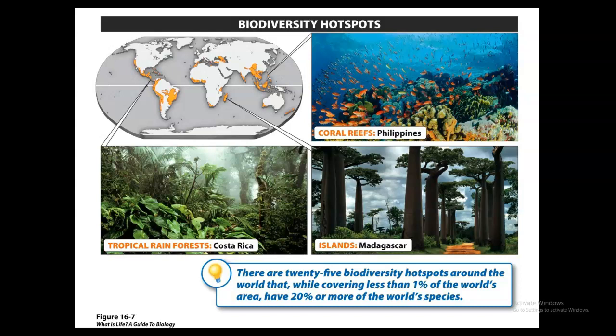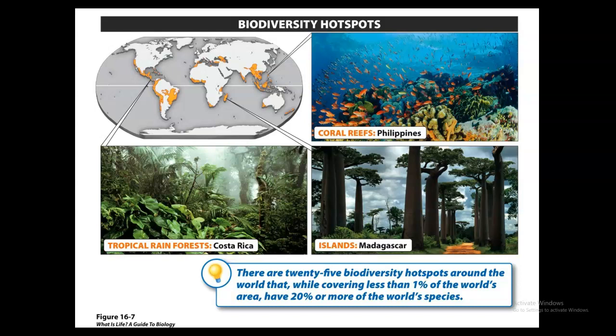Species balance on an island is going to be determined by the balance between the rate of immigration and the rate of extinction of the species. For immigration, is the island closer to the mainland? If so, it's going to have a higher rate of immigration. The mainland serves as a pool of new species that can come into this area.